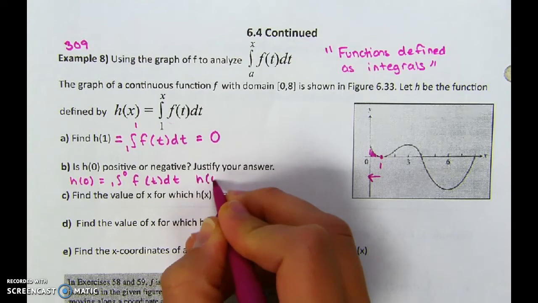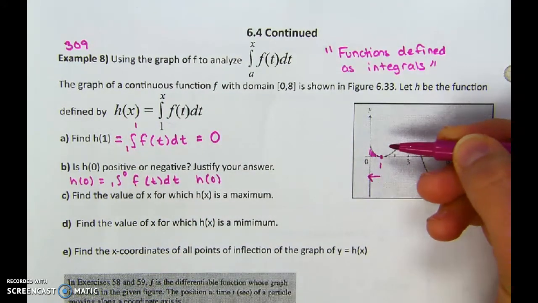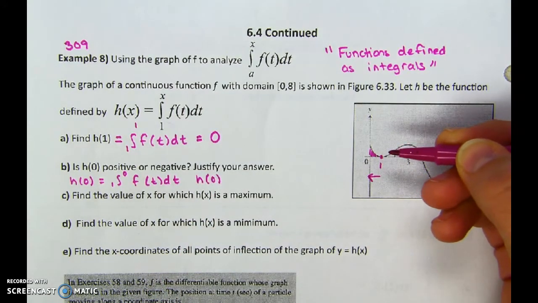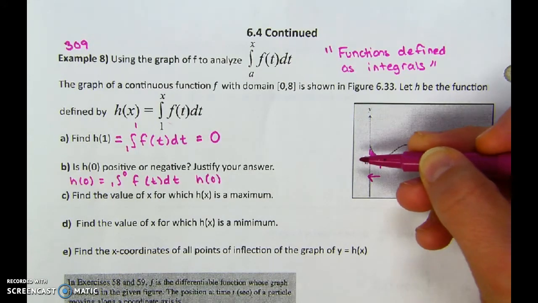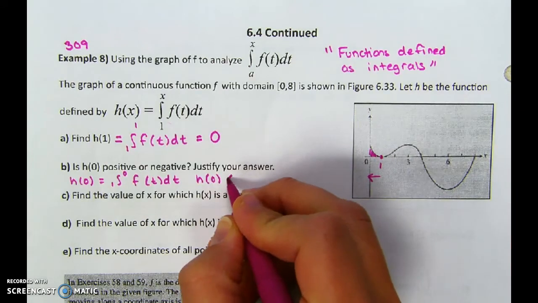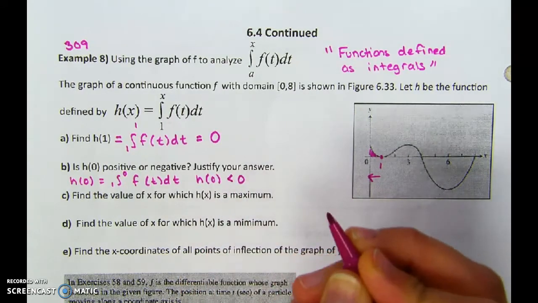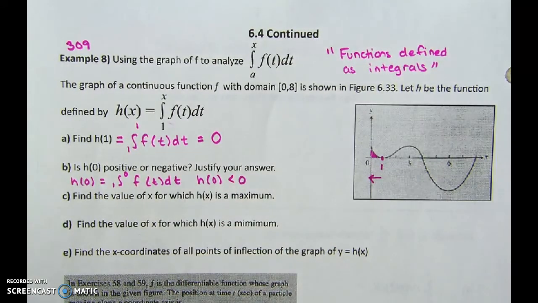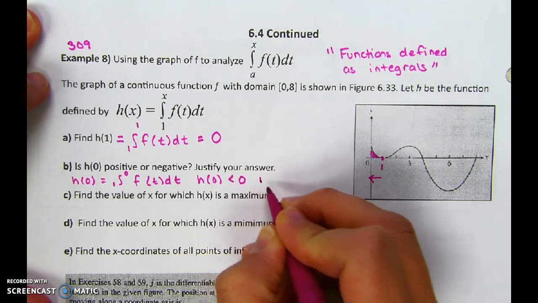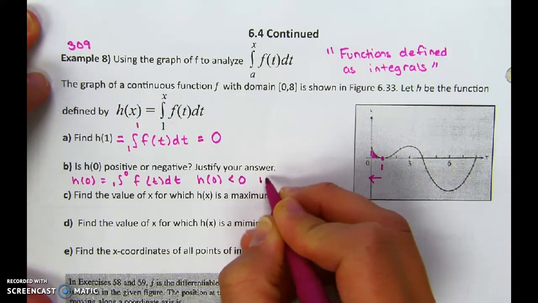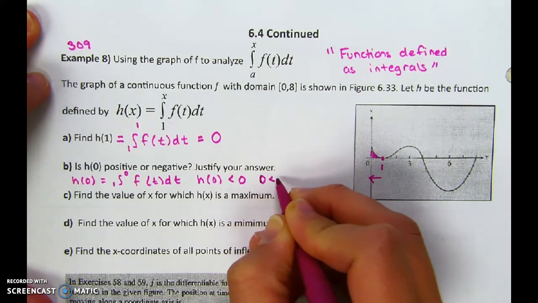Now, because the area is above the x-axis, that's positive, but since we're going from 1 to 0, the area is going to be negative. I don't think we should use the word backwards, but yesterday in our notes, we said that 0 is less than 1.